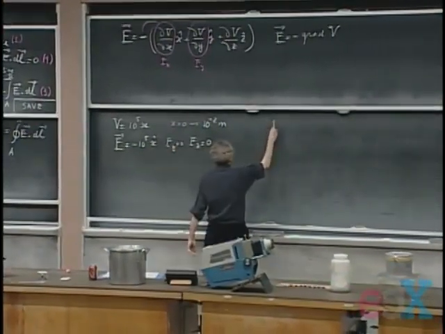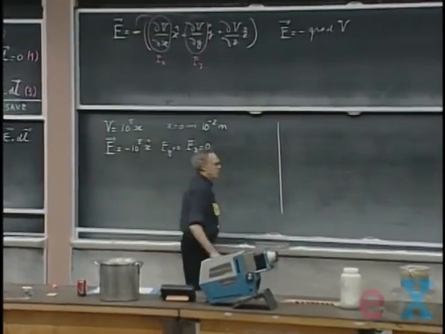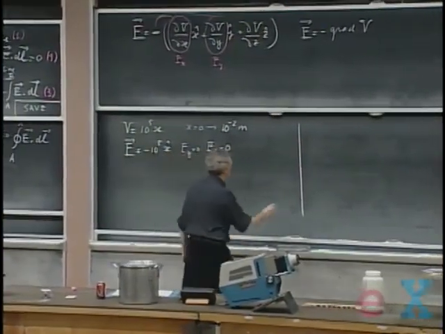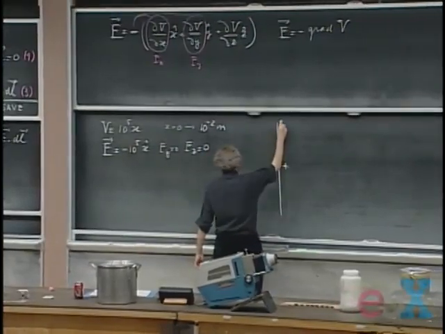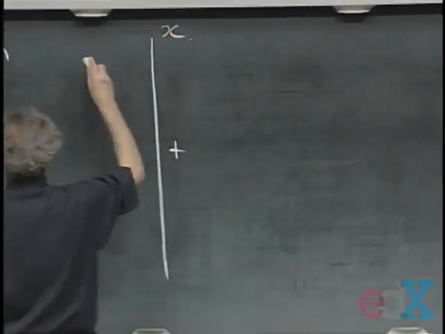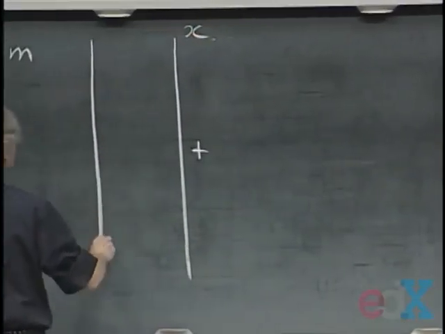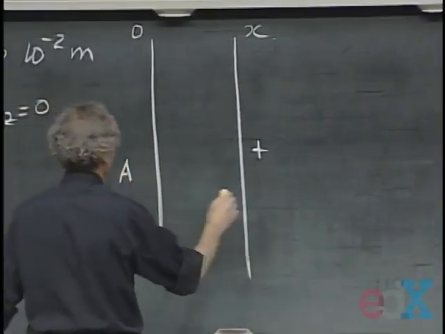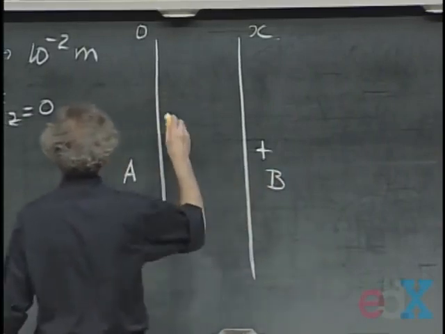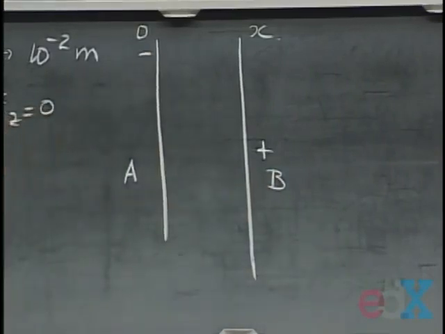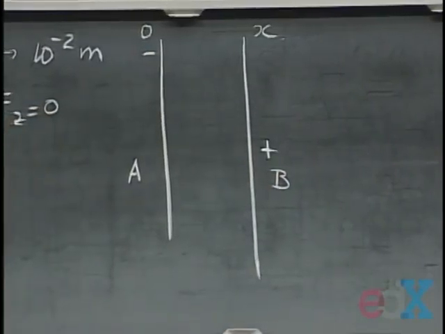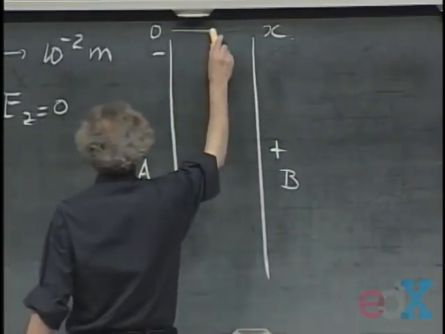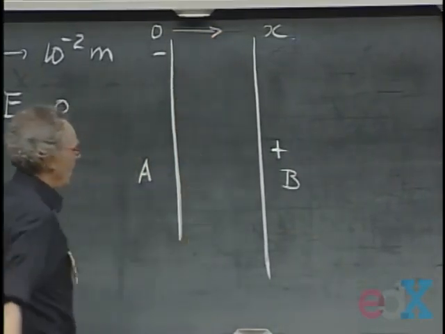Imagine that I have here a plate which is charged with positive charge. And the plate is at location x, and I have another plate here, just say at location 0. I call this plate A, and I call this plate B, and this plate is charged negatively. So x goes in this direction.